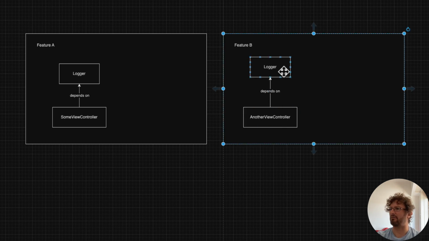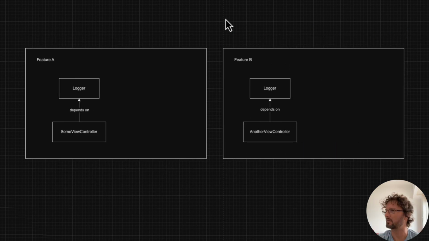But now we have code duplication. We have two loggers which are exactly the same, living in two different modules, which is not ideal. If tomorrow we want to change the way we log, we would have to change the loggers in each of the modules. So this is the problem with logging events this way: we either have a duplication of the logger, or our feature B would depend on feature A.